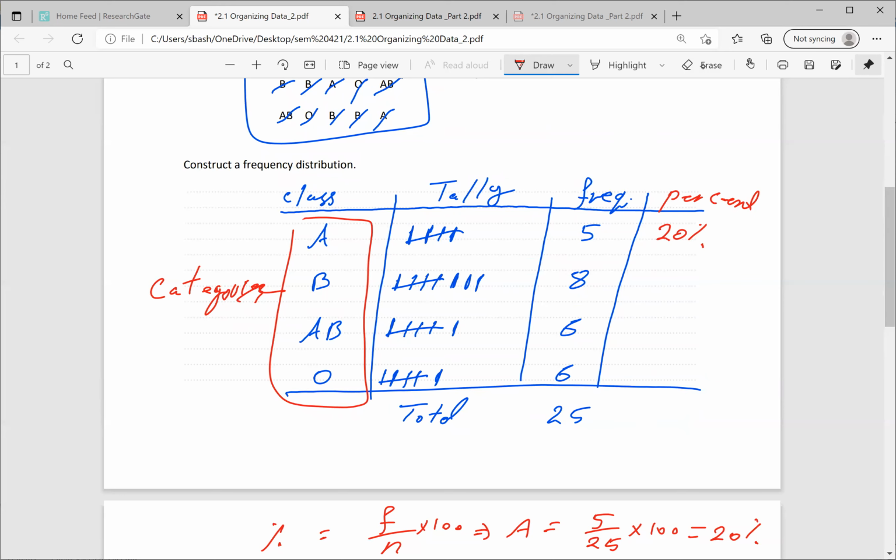For B, same thing, divide by 25 and multiply it by 100. That will be 28.5.